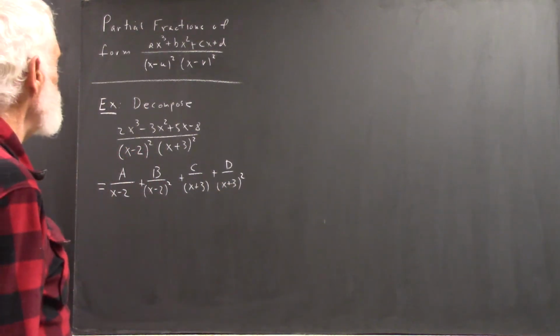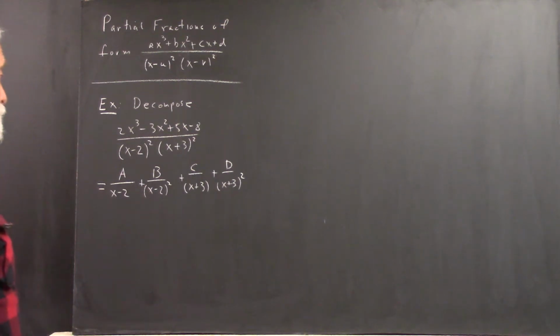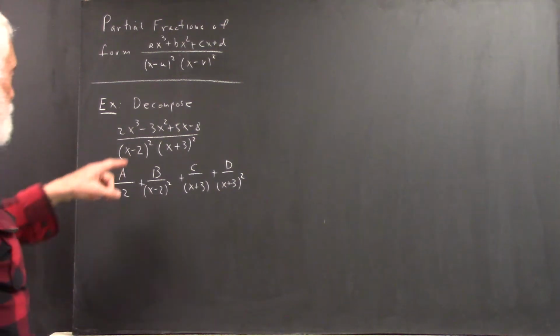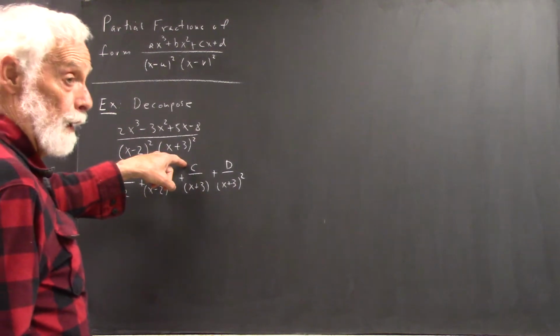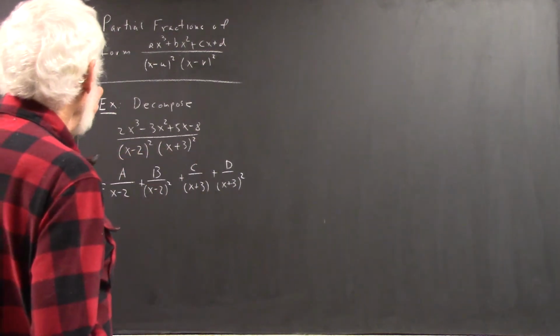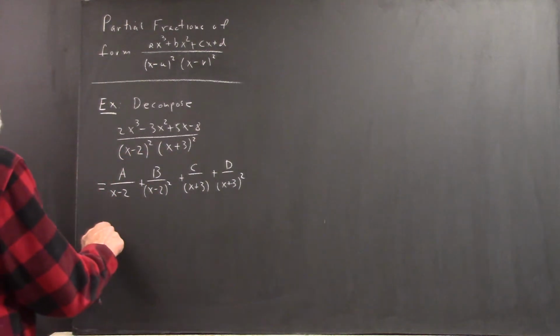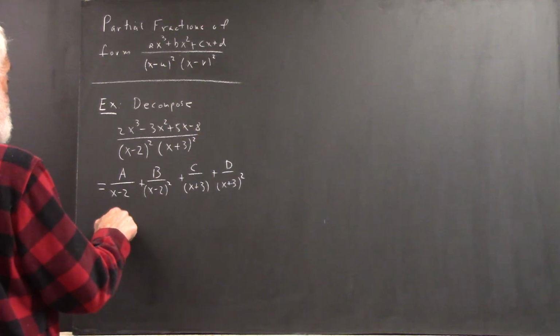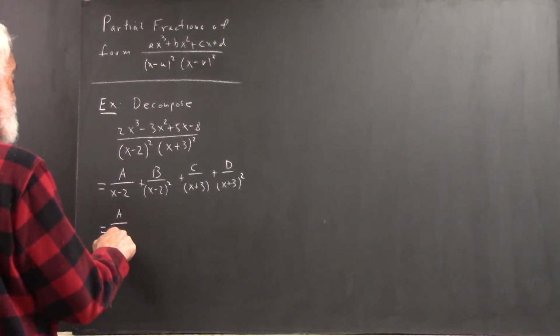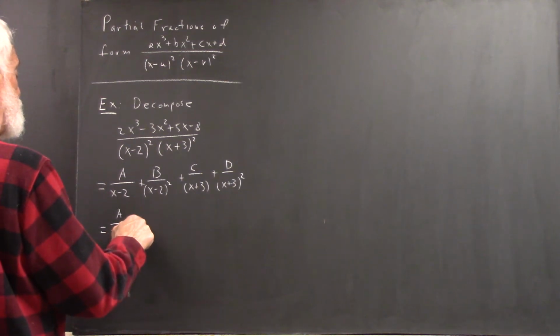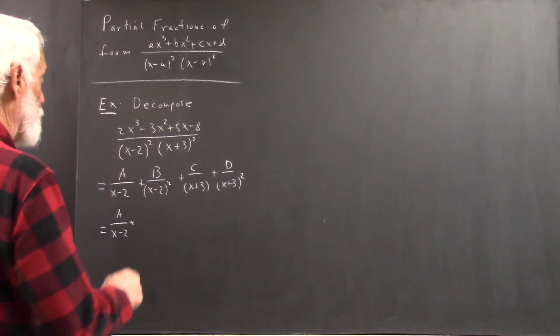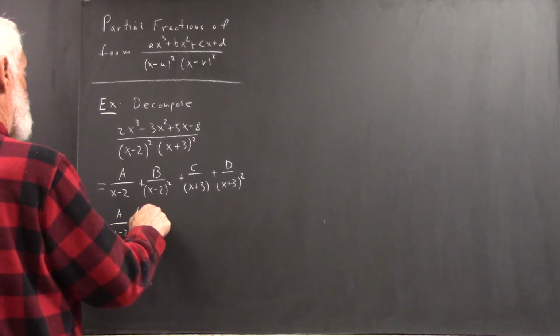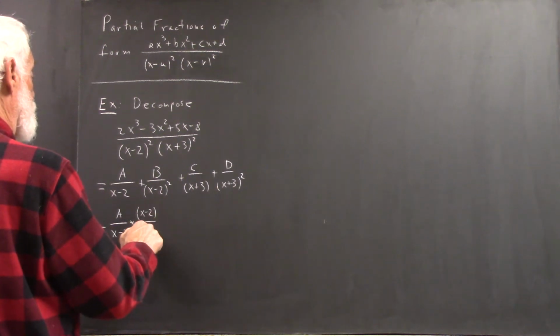Now, to get our common denominator, well, our common denominator is going to just be x minus 2 squared times x plus 3 squared. Excuse me, so we've got x minus 2 here. What else do we need? Well, we need another x minus 2, so we've got to multiply that by x minus 2 over x minus 2.